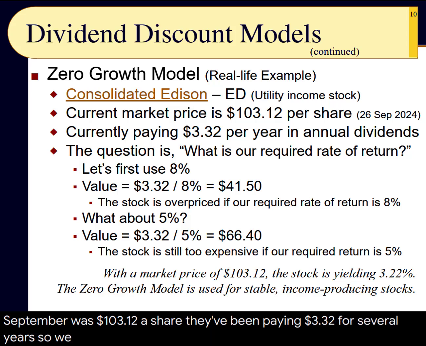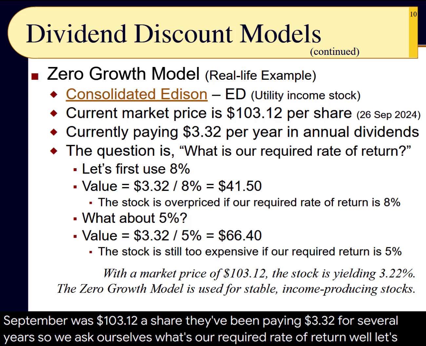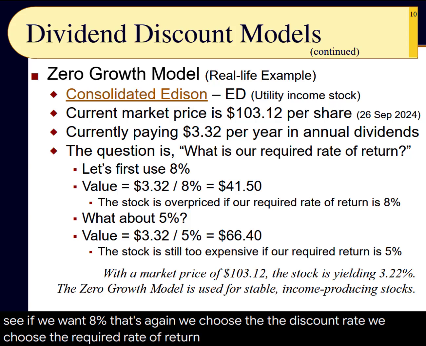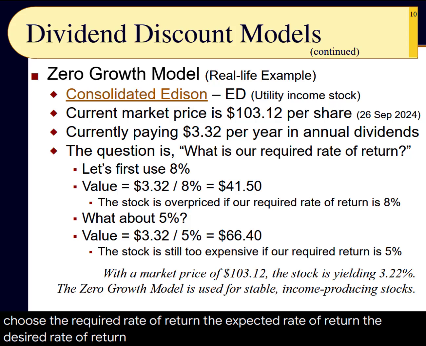So we ask ourselves, what's our required rate of return? Well, let's say we want 8%. Again, we choose the discount rate. We choose the required rate of return, the expected rate of return, the desired rate of return. You'll see those four terms used interchangeably. They all mean the same thing.